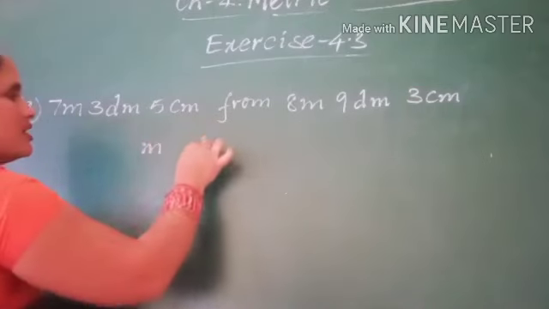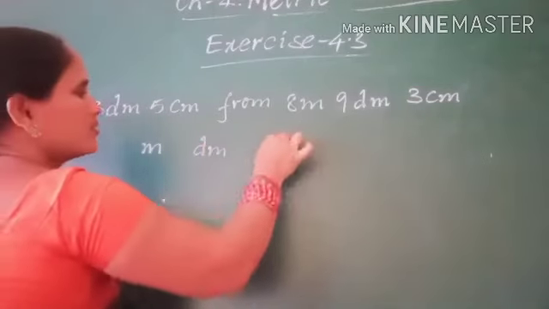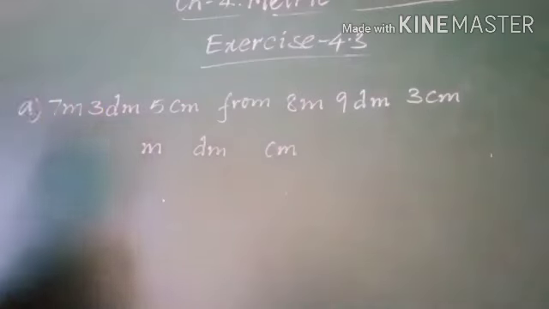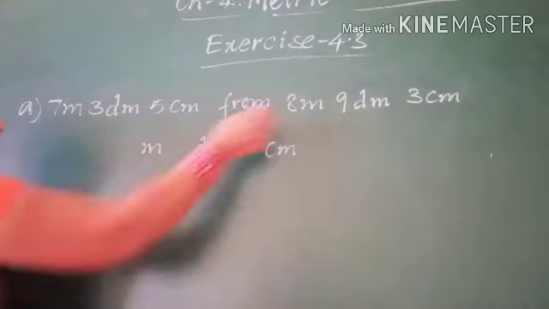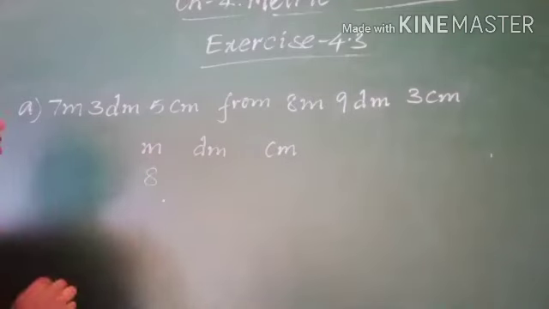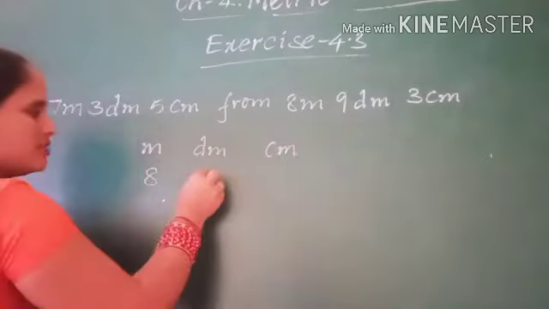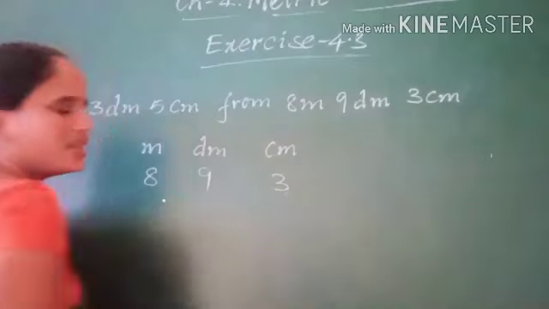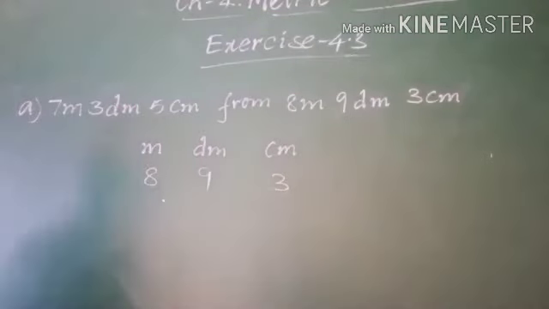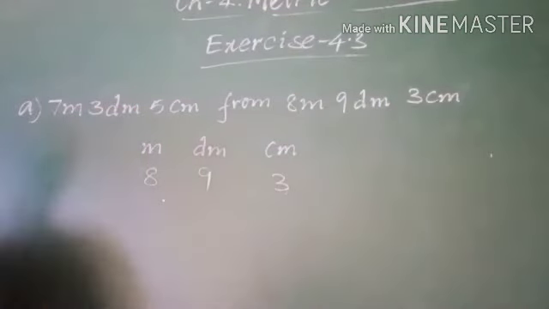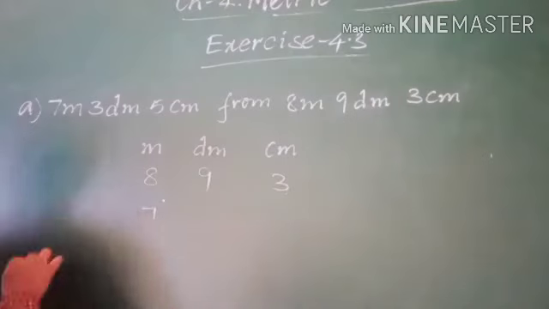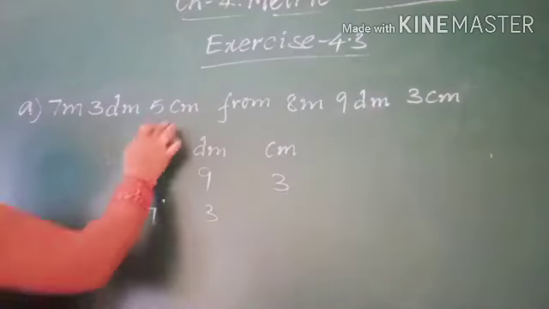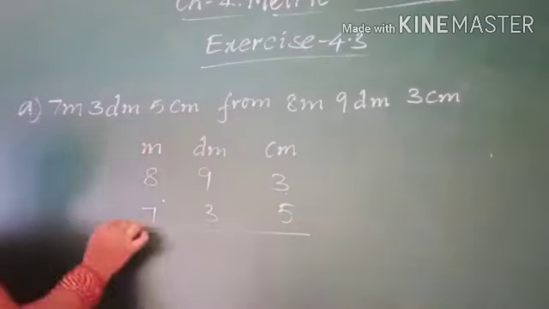Then write these as columns. 8 is meters, so you write it in the meters column. 9 decimeters, 9 in the decimeters column. 3 centimeters, 3 in centimeters. In the same way, the first number you also write here: 7 meters, 3 decimeters, 5 centimeters.